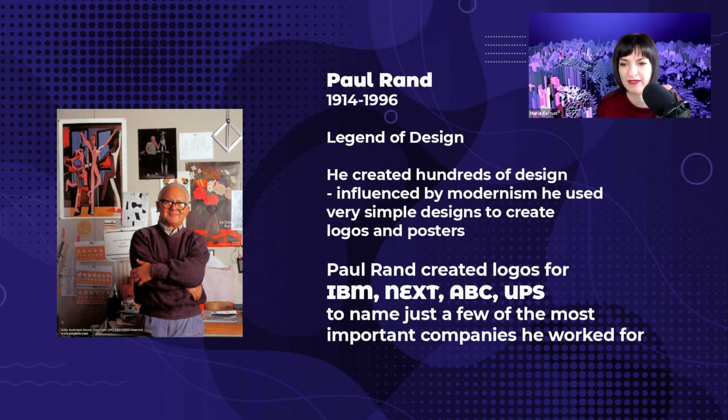This is Paul Rand, and I promised I will show you some of his famous designs. I gave a link to his portfolio, and let us look at some of his designs. So he designed the IBM, I think we all know it.